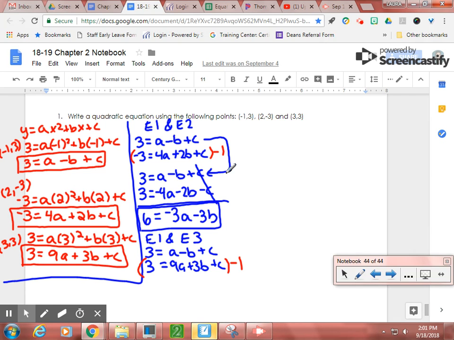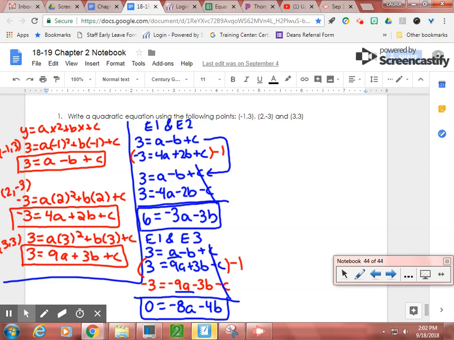So when I do that, that one's going to give me -3 equals -9a minus 3b minus c. So I'm going to go ahead and combine these. So my c's are going to go away. Then when I add -3 and positive 3, I get 0. Then I add these together to get -8a's, this one and this one. And then -b and -3b is -4b. Okay, so you have your 2 equations here.